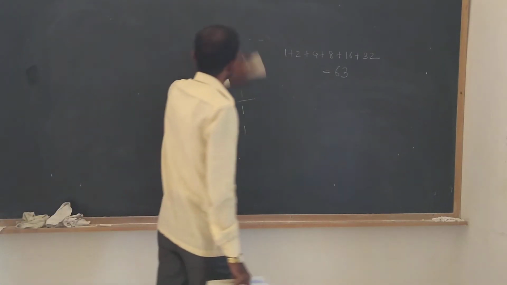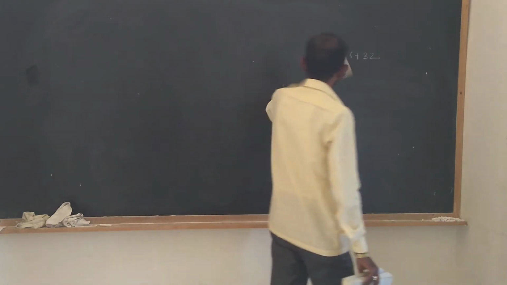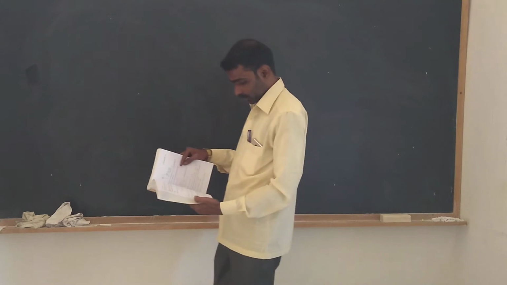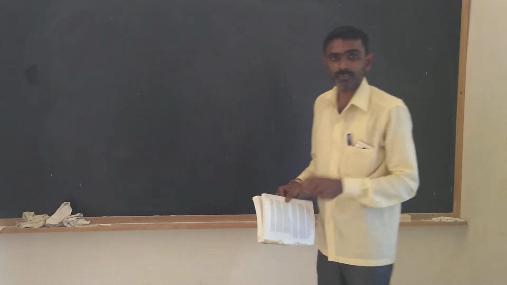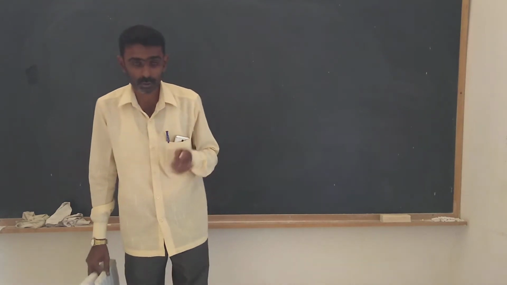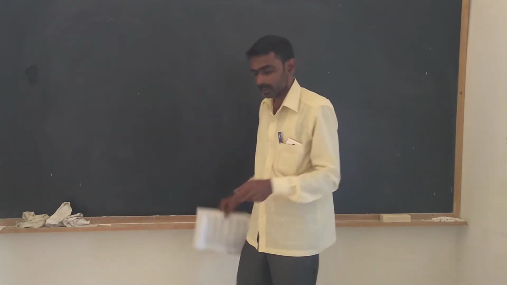Now, there are other types of problems that you will be seeing. Now the problem is how many terms, that is, finding the value of n. The problems which are based on finding the value of n.